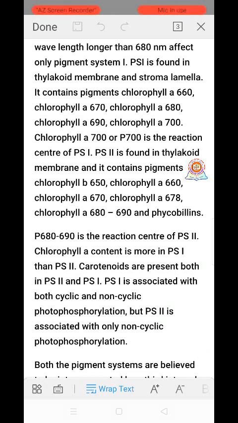Chlorophyll a is found more in photosystem 1 than in photosystem 2. Carotenoids are present in both photosystems. Photosystem 1 is associated with both cyclic and non-cyclic photophosphorylation, and photosystem 2 is associated only with non-cyclic photophosphorylation.